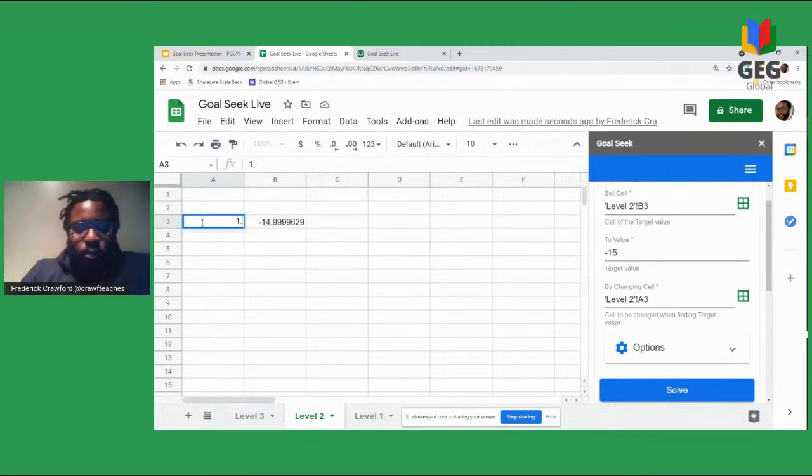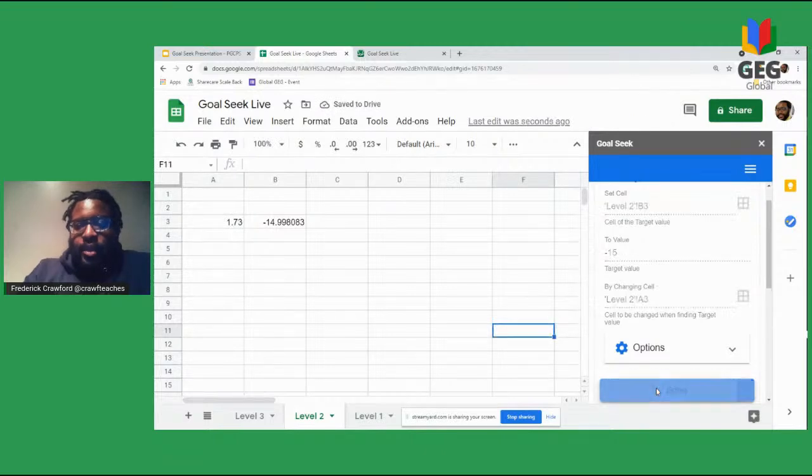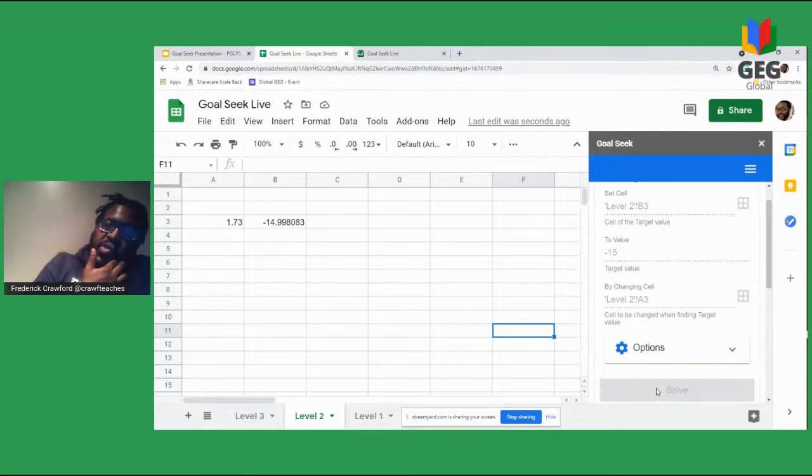I'm going to put 1.73. Why not? So this time I'm not working the computer too hard to solve my equation. Then I solve.